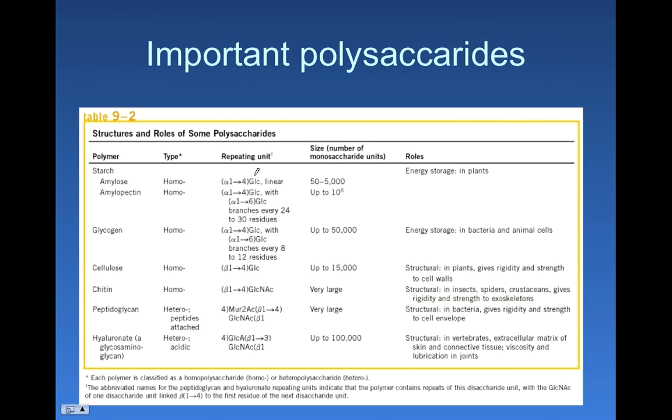Okay. Now, there's a bunch of important polysaccharides. Starch is made of amylose, amylopectin, glycogen, cellulose. Chitin is the exoskeleton of a lot of insects, and it's made of these beta 1,4 linkages between glucose and this modified glucose, right?